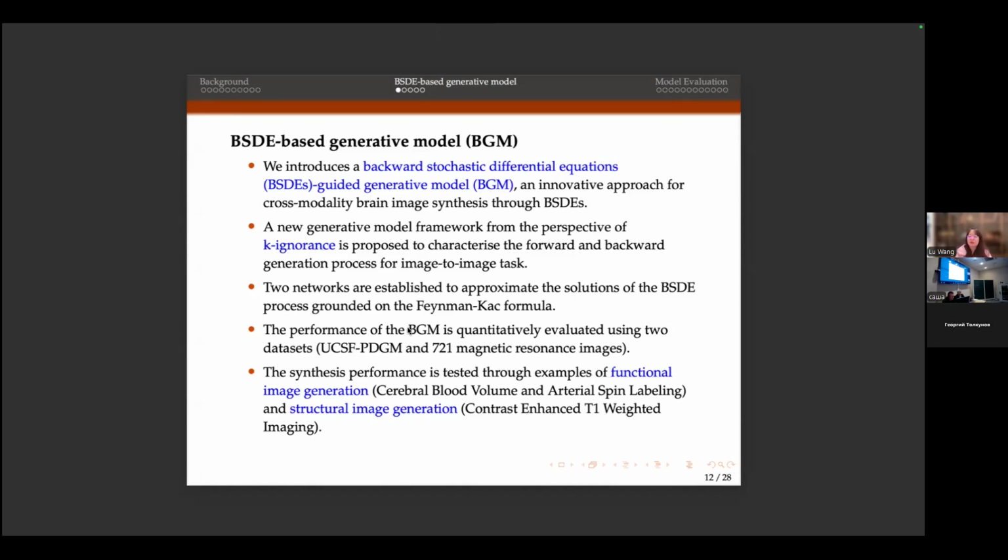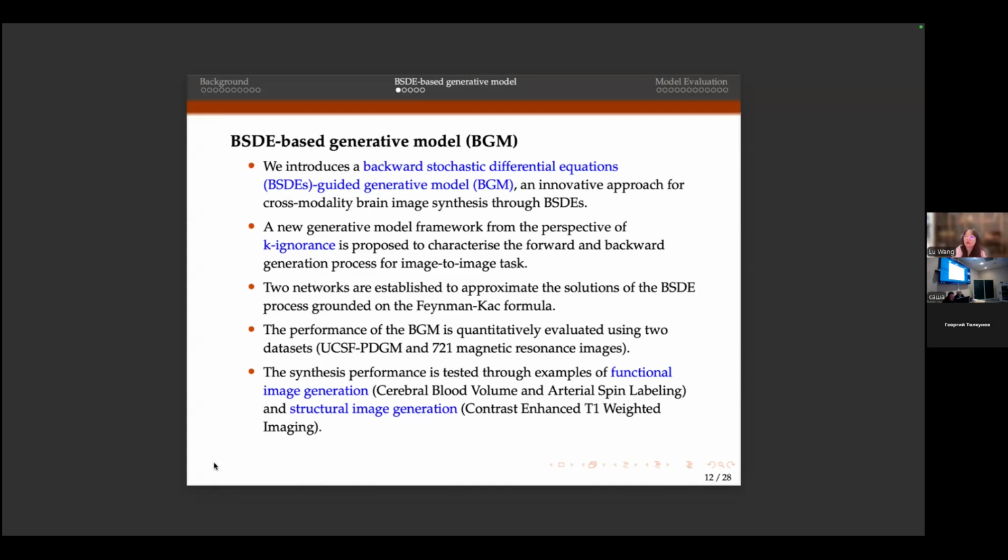This naturally leads to the question of whether BSDE could be leveraged for cross-modality applications. In this work, we introduce BSDE-based generative models for cross-modality brain image synthesis.